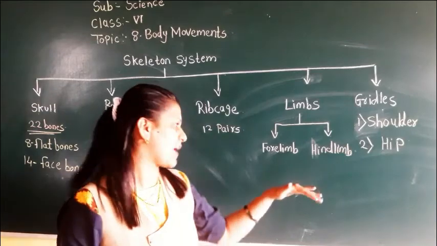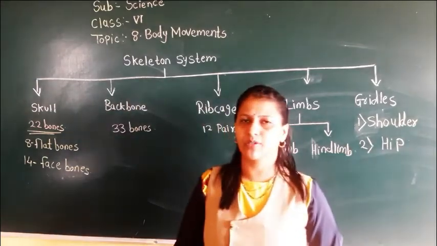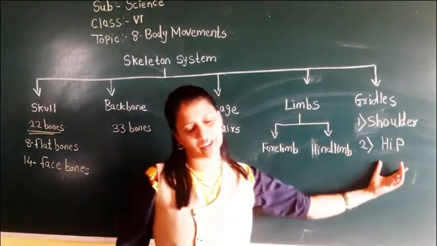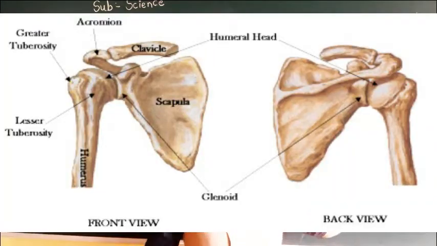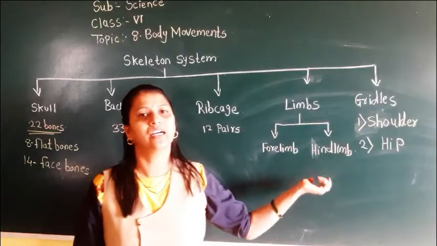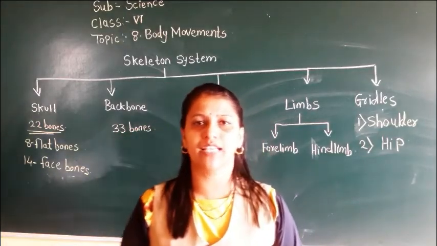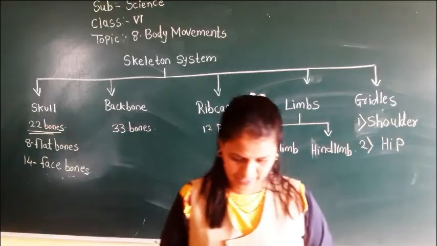So let's discuss the hind limb. Now can you see the hind limbs are joined to the hip girdle. The legs are joined to the hip girdle. So let's discuss in detail. Now you can see this is a picture of the hind limb.